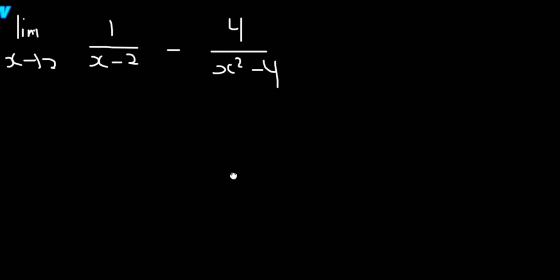So what I'm going to do is rewrite this. This x squared minus 4 should give me x minus 2 times x plus 2. That's the difference of two squares.